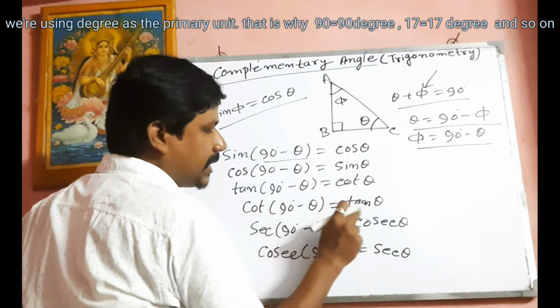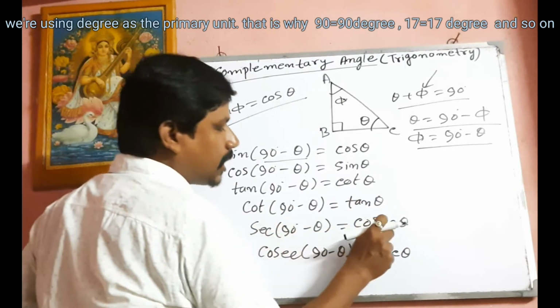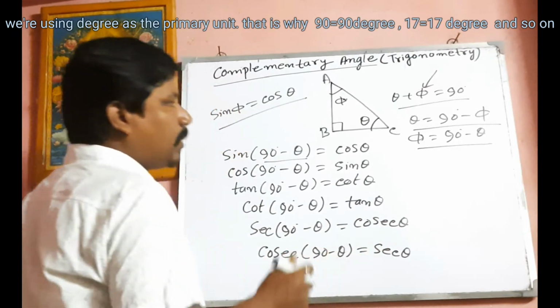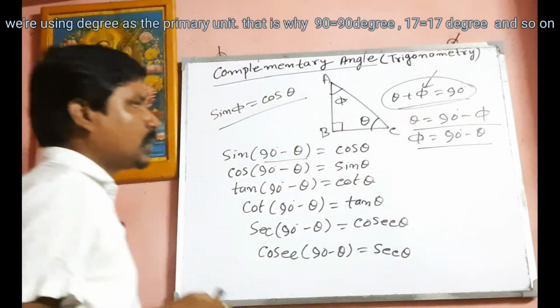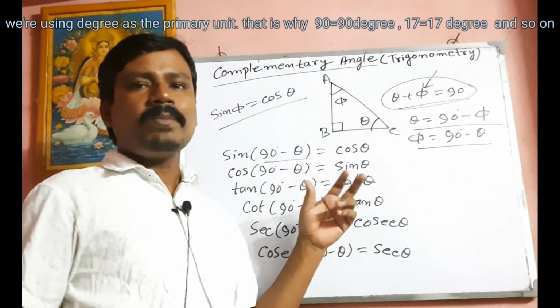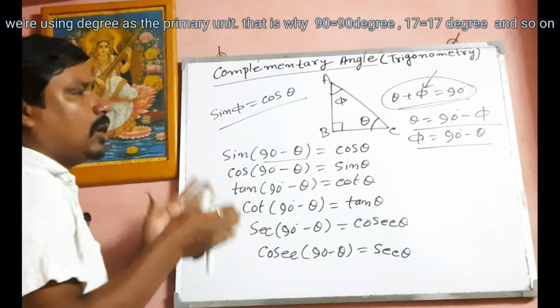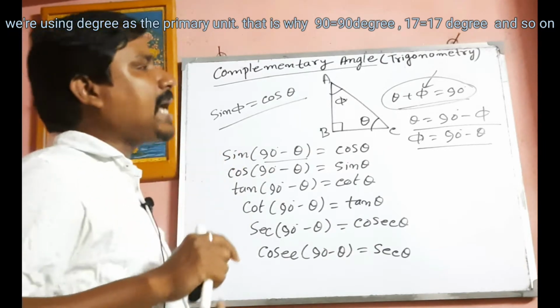Similarly, cot phi is equal to tan theta. And similarly, sec phi is equal to cosec theta. Cosec phi is equal to sec theta, because this is a given condition. This is important for the board exam as well as competitive exams. So this is the complete formula section for the chapter of complementary angles.